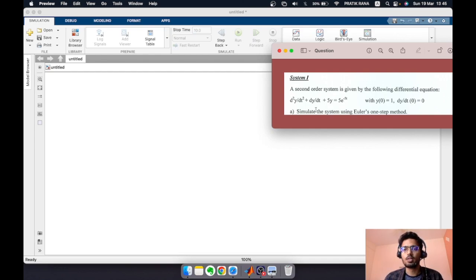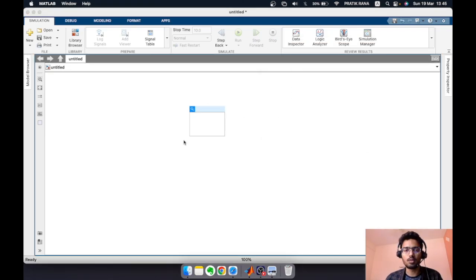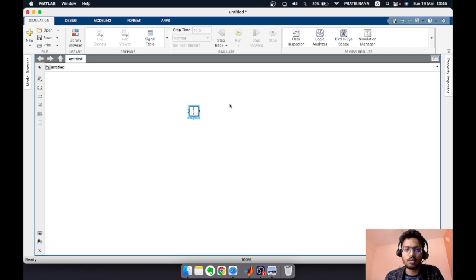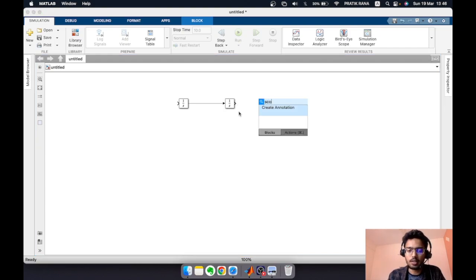So since there is a second order term involved, we'll first of all need integrators in our model. So we have one integrator, and then we copy this, we have a second integrator, we'll connect them. So here we are getting y, so we will connect a scope over here.